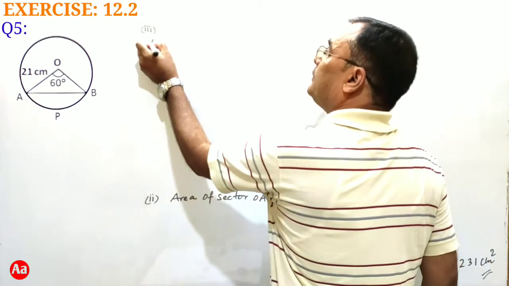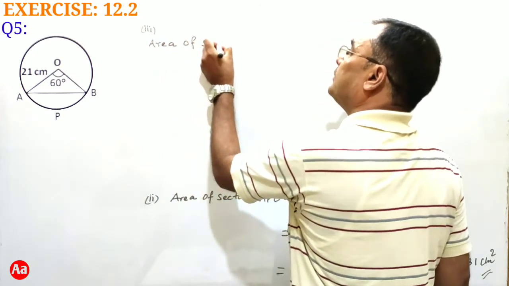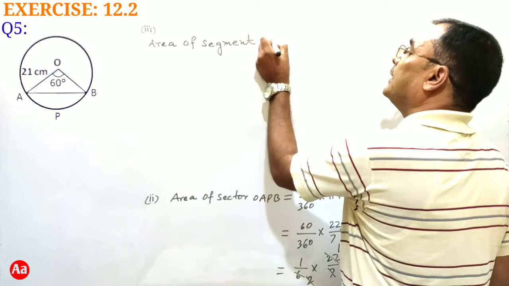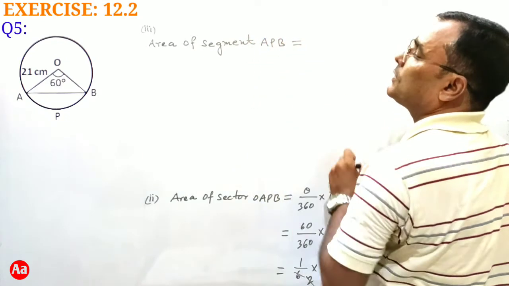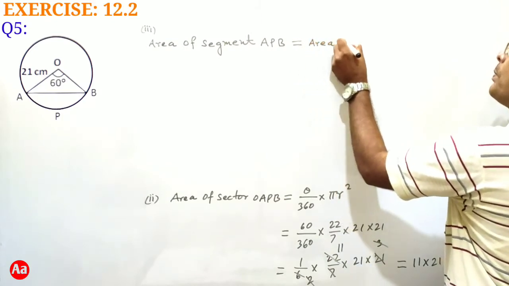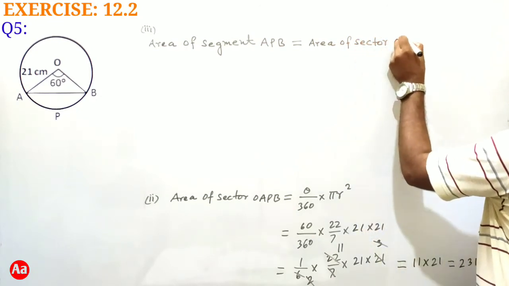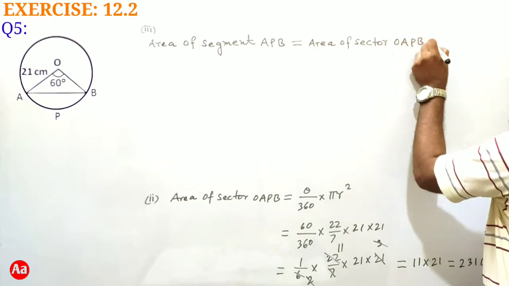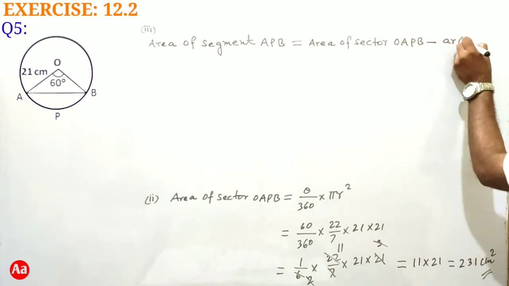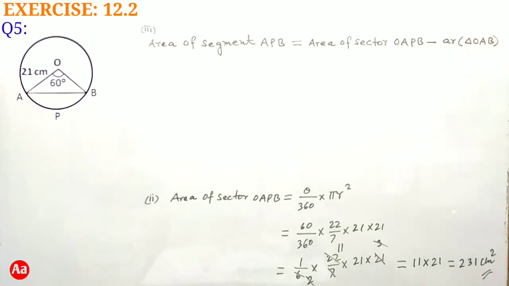So area of segment APB is equal to area of sector OAPB minus area of triangle OAB, which is an isosceles triangle.